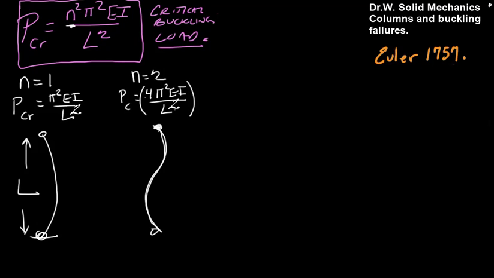Now, that value is 4 times P1. Over here, this would be P1, call this P2. So it's unlikely that you're going to reach this form of loading. Naturally, your beam is going to fail at 1/4 of this value.